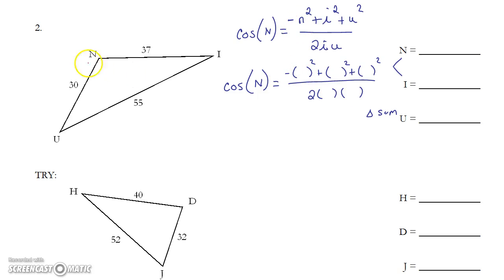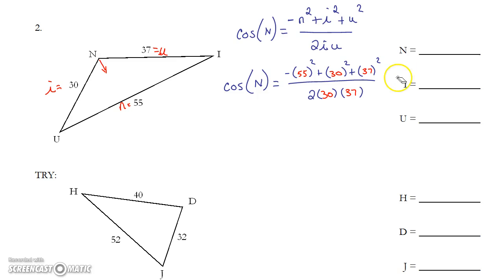N, lowercase n, is the side opposite my angle N. That's a 55. So that goes in here. I squared means the side opposite angle I, which in this case is 30, goes here. And U squared, that's this side length here, is 37, goes here. I and U go in my denominator, so that's 30 and 37.